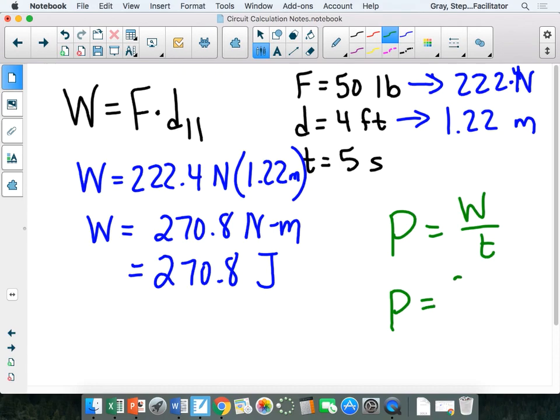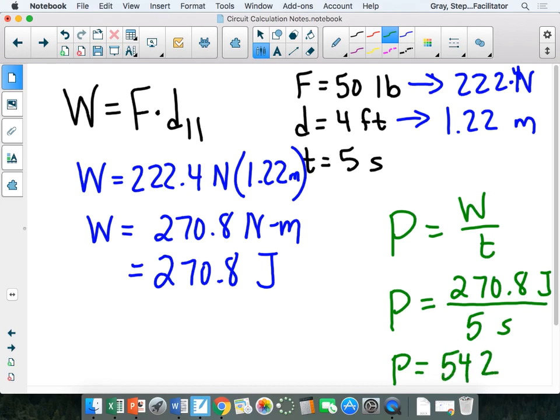So the work, 270.8 joules. The time was 5 seconds. So it's 54.2, and joules per second is the same thing as watts. 54.2 watts.